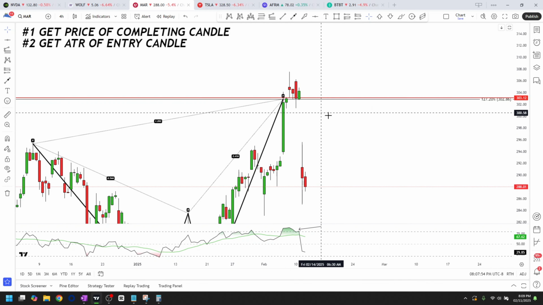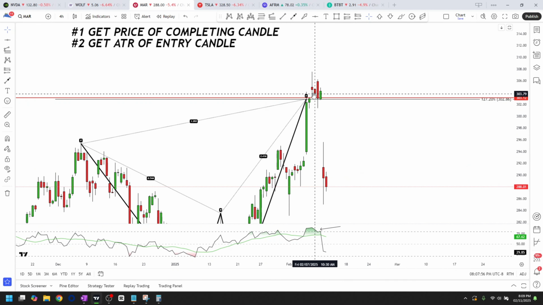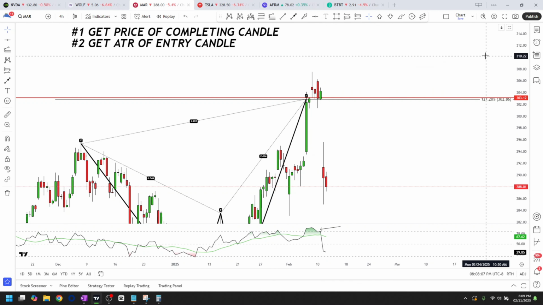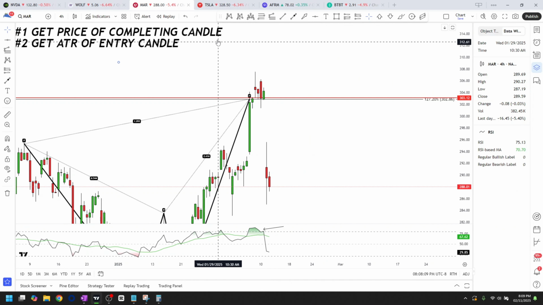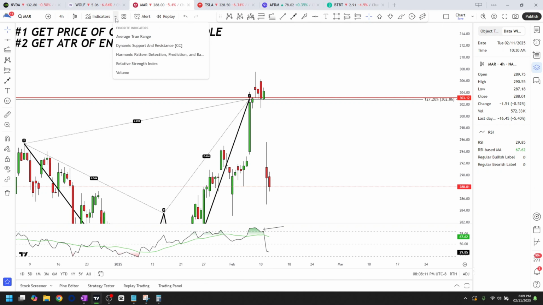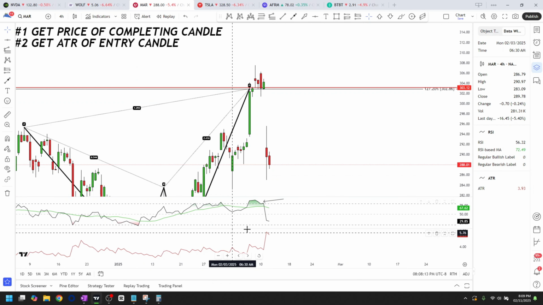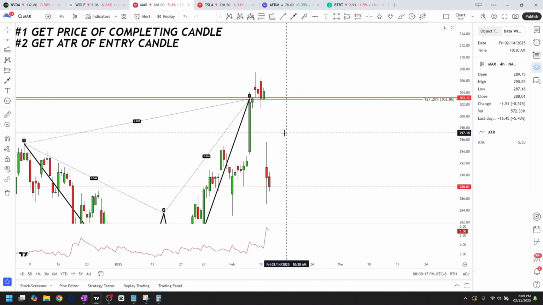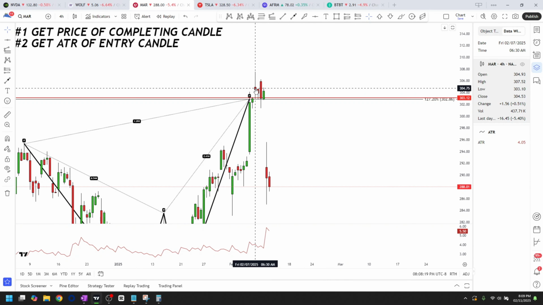The wick was 303.12, so let's round it up to 303.15. Then for the ATR, I'll grab the data box and bring our ATR on. I'm going to take RSI off so we have a little more space. The ATR of that candle was 4.05.